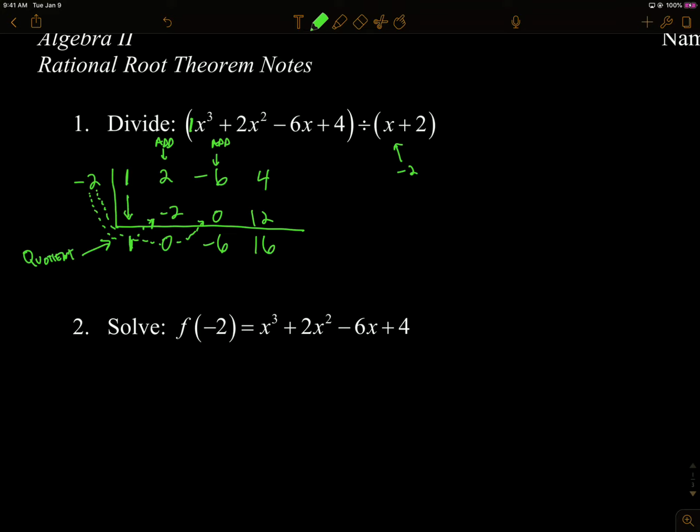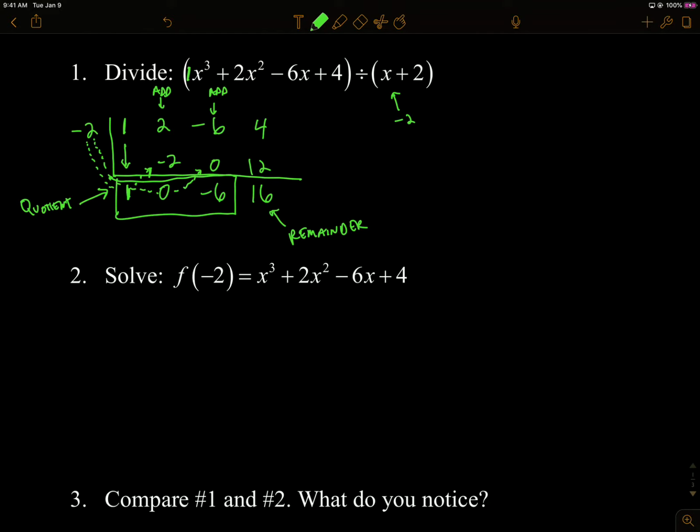Now, when I look at this, remember that's my quotient or my answer, 1, 0, -6. That is my remainder. Okay, so there's the division. I could write this division out as this is my constant term, this is my x term, this is my x squared term.